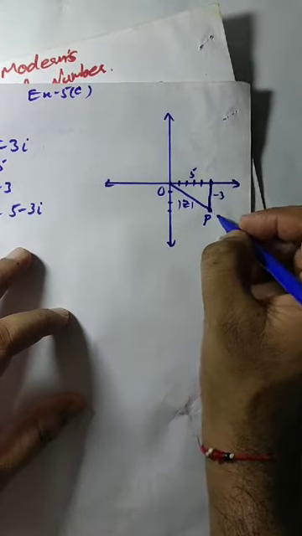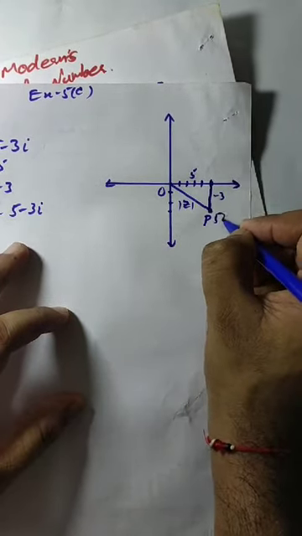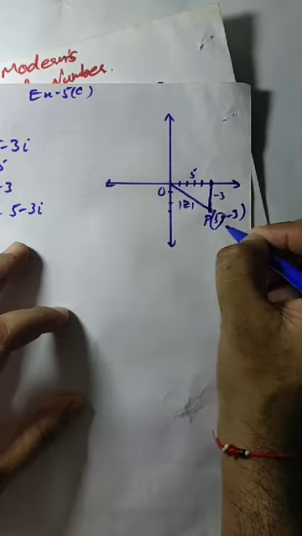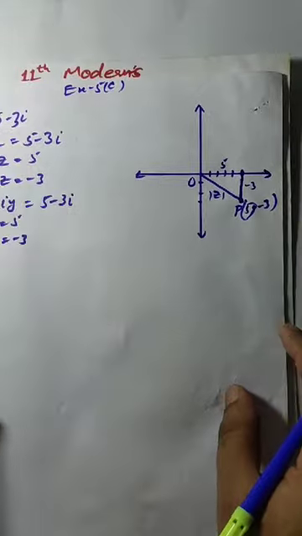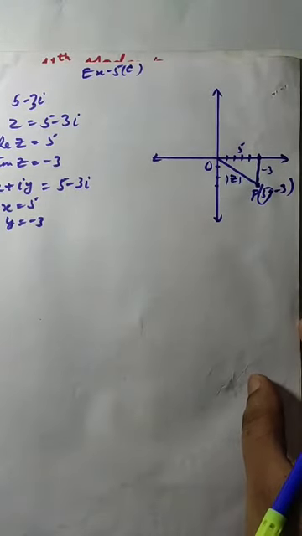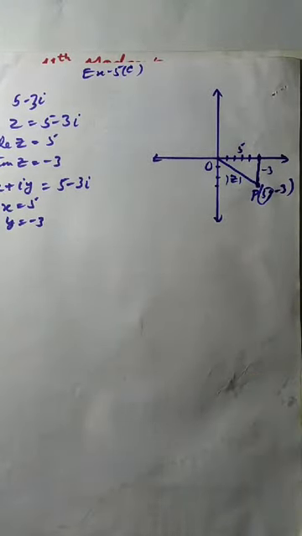Let us take this point as P. This is 5 comma minus 3, and in complex form we have already given here. So this is the representation of the complex number in the plane.